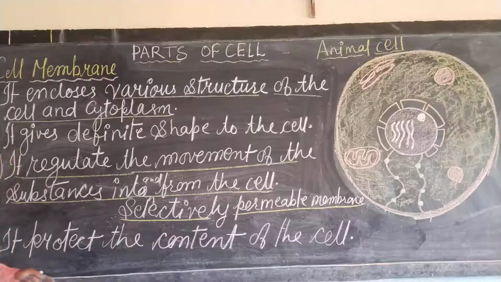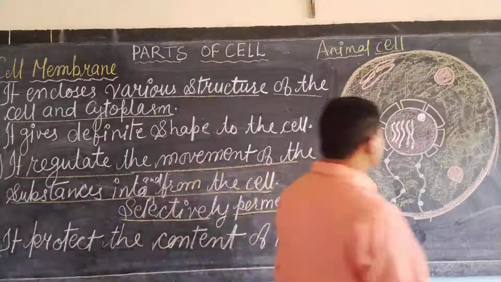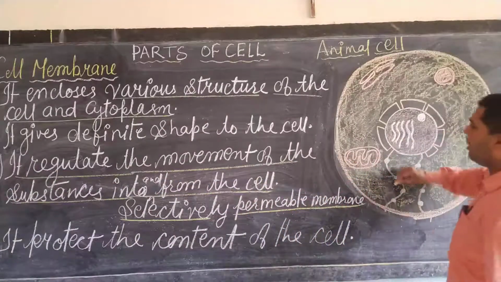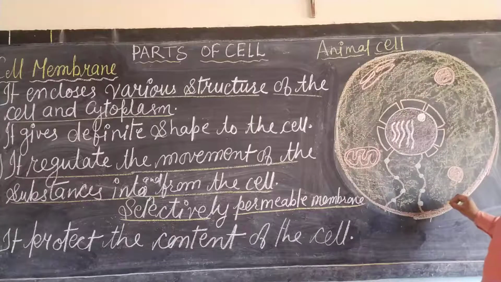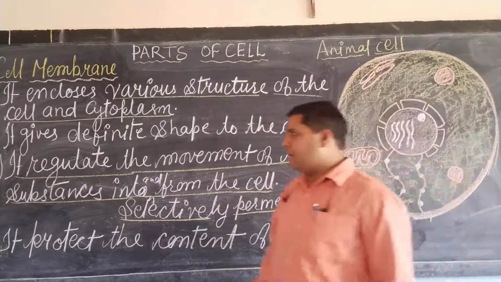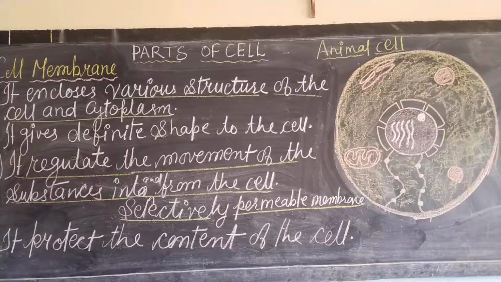Next is it protects the content of the cell. All the content inside the cell is protected by the membrane known as the cell membrane, dear student. So these are the main four functions of the cell membrane.